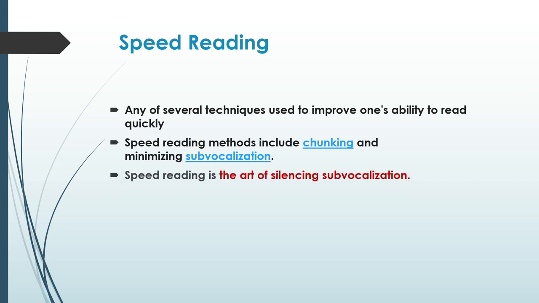subvocalization. Speed reading is the art of silencing subvocalization. Well, vocalization means speaking, and subvocalization means that when one reads, sometimes you might have noticed that people read as if they are speaking those words.